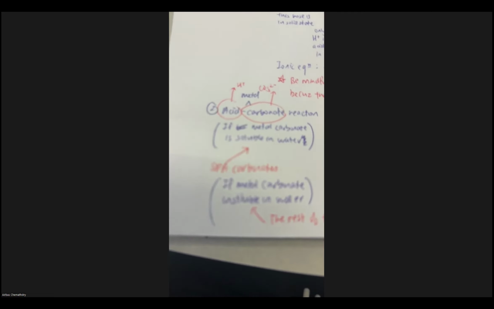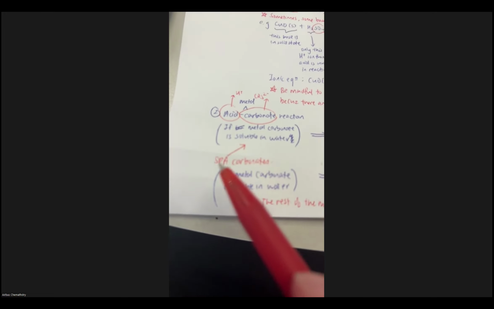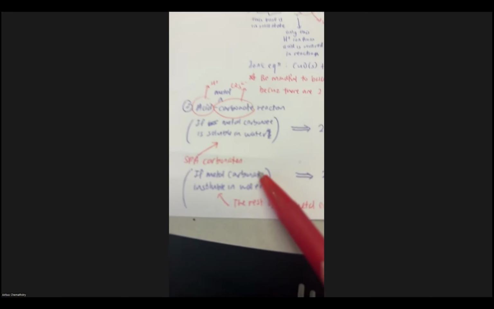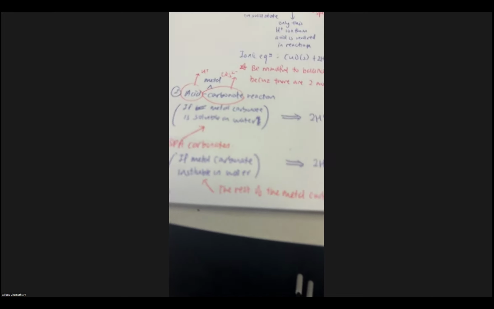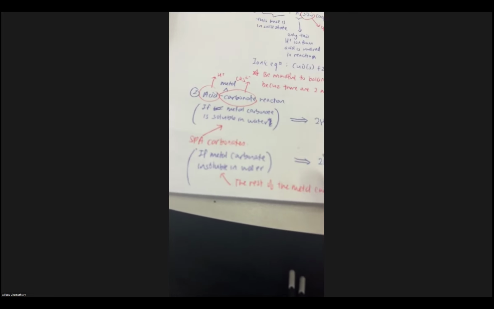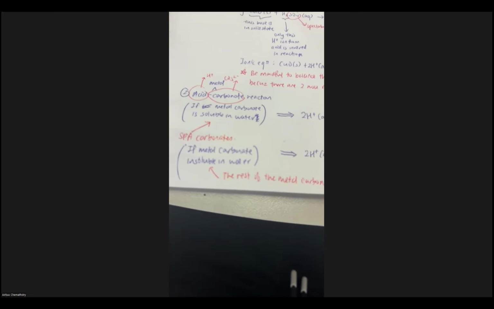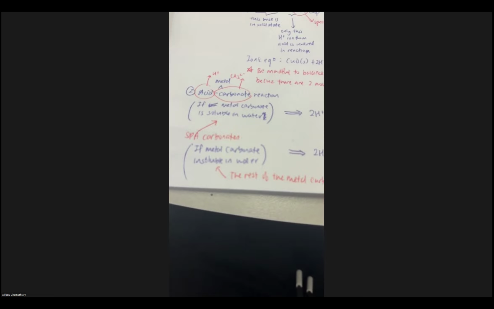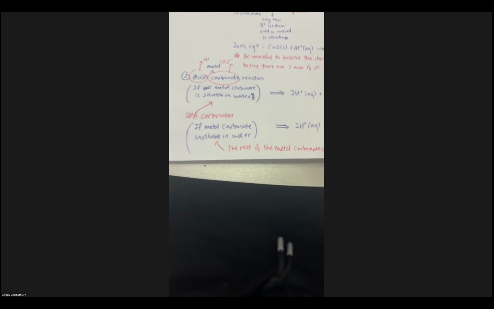And if you recall your solubility table, this is going to be your sodium, potassium, ammonium carbonates, right? Your SPA salts. But for the rest of the metal carbonates, mostly group 2, they are insoluble in water, right? So basically what I did was let M be a metal of +2 charge.